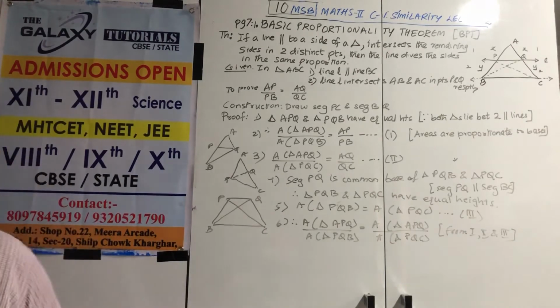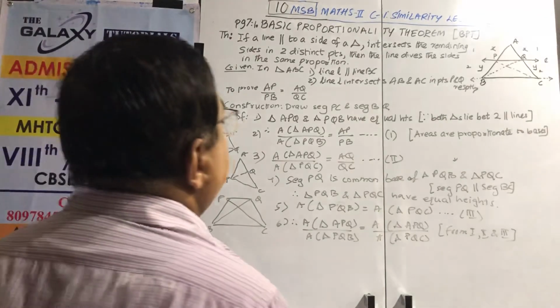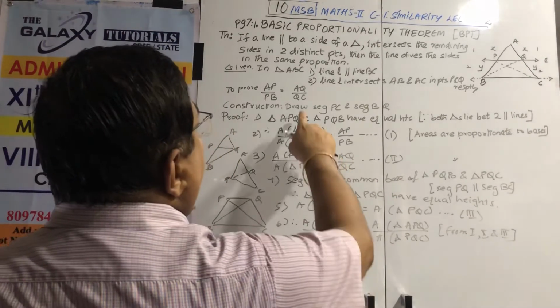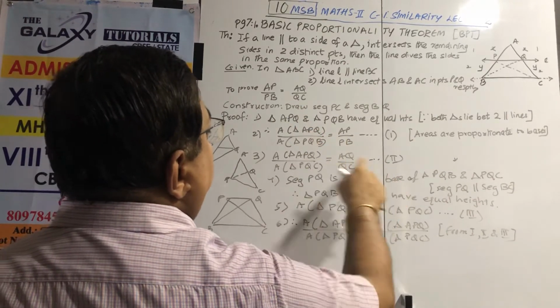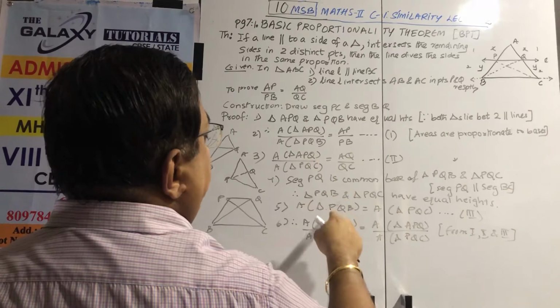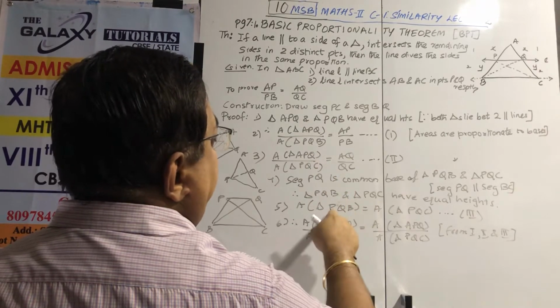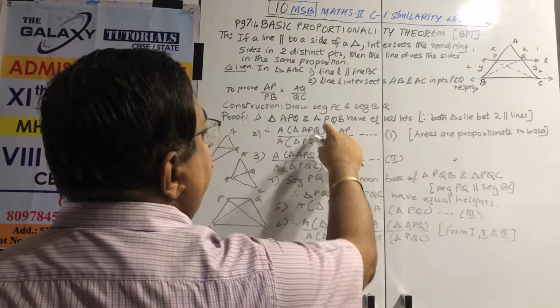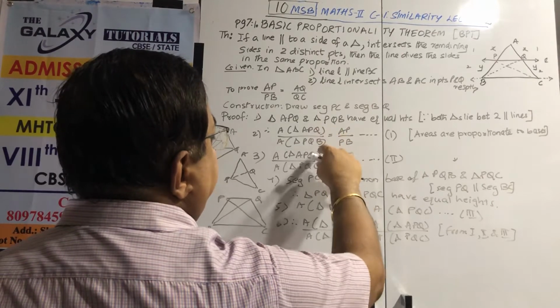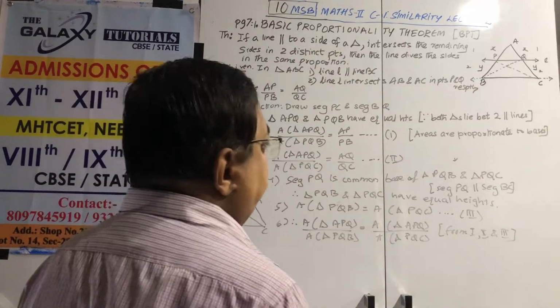Okay, so we will have a look here. 1, APQ upon PQB; 2, APQ upon PQC; and 3, we have PQB equal to PQC. So the denominators are the same, therefore the numerators are the same, therefore we get the ratios equal.